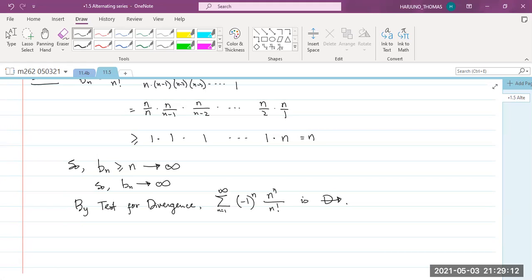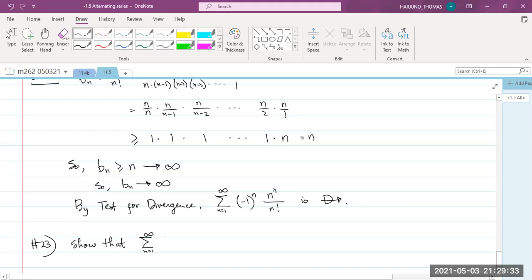Okay. Now let's do question number 23. Show that this series from 1 to infinity of (-1)^(n+1) over n to the 6 is convergent.